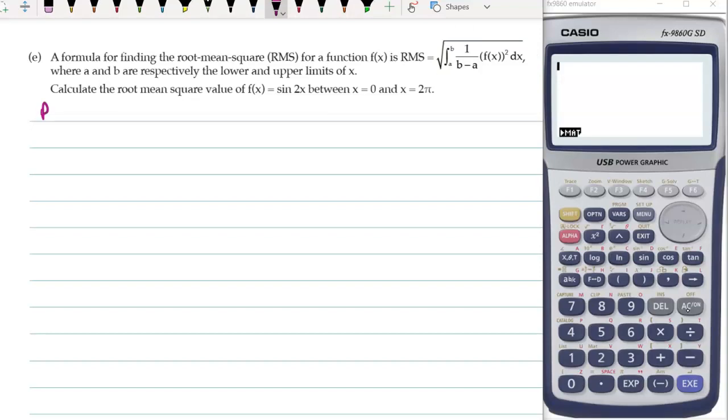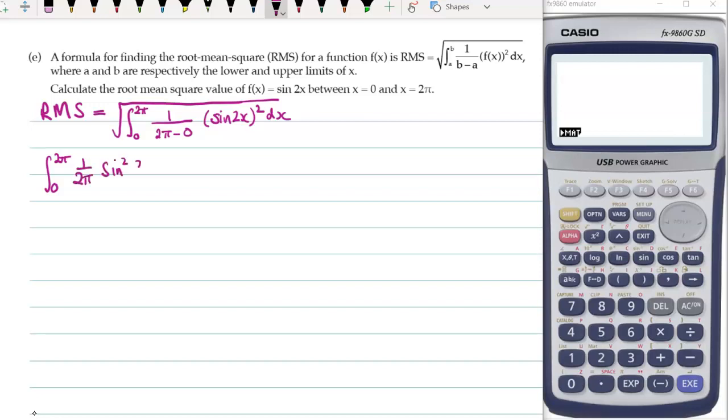Okay, so the RMS is equal to the square root of the integral between a and b, so that's 0 and 2 pi, 1 over 2 pi minus 0, F of x is sine of 2x, and that will be squared. So I'm just going to deal with the integral part of that. We have 0 to 2 pi, 1 over 2 pi of sine squared 2x dx.